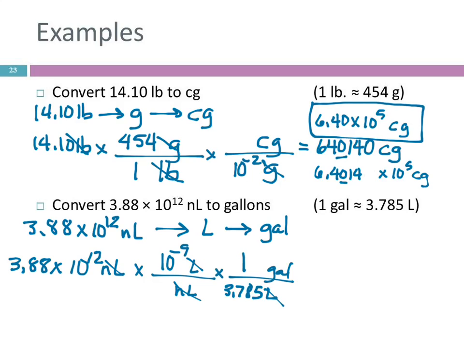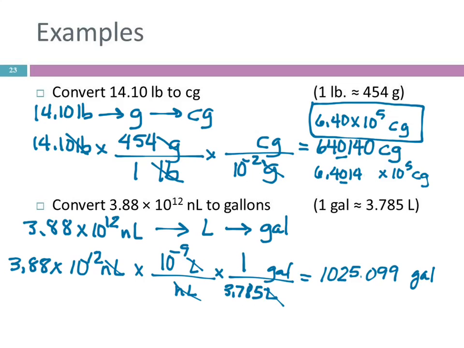Times 1 EE 9 minus divided by 3.785 equals, and my calculator is showing me 1025.099, and it goes on and on and on. And that would be gallons. Did other people get the same number? Yes? Okay, I hear more yeses than nos.